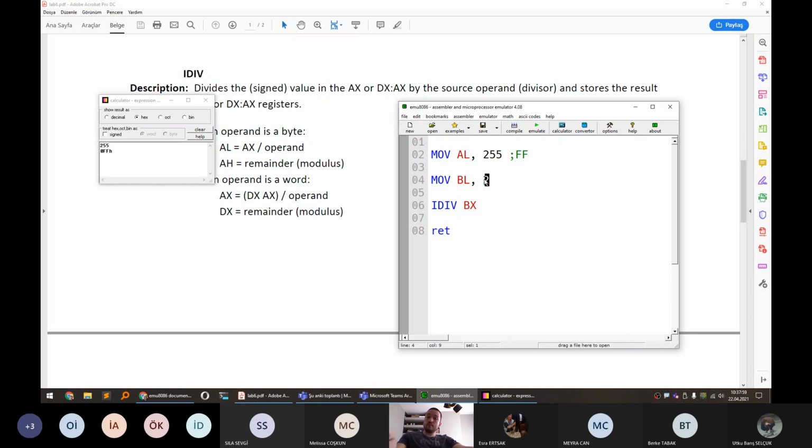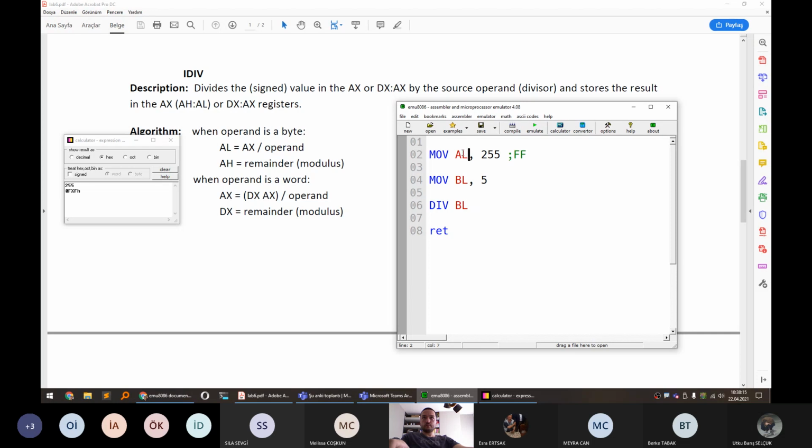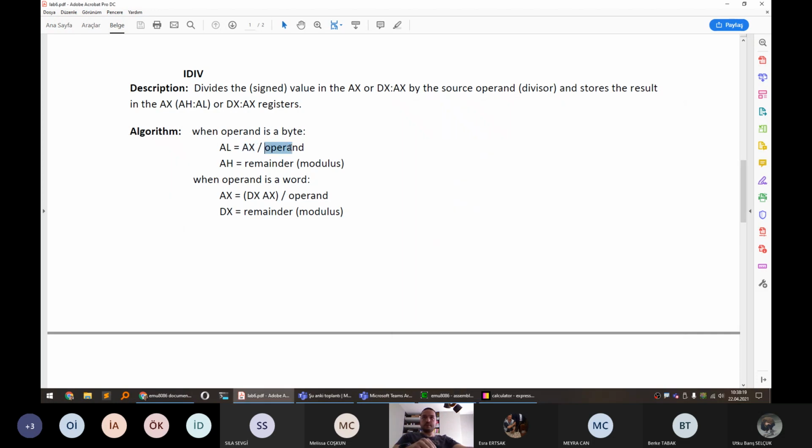255 divided by, let's say, 5. There shouldn't be a remainder. I'm going to use BL operand, but sorry, that's my bad. We have to use AX, because the algorithm is AX should be divided by operand and the result is in AL.